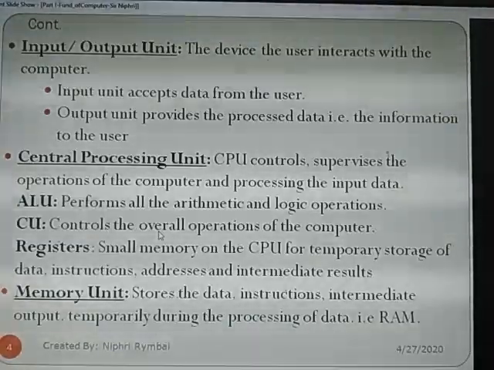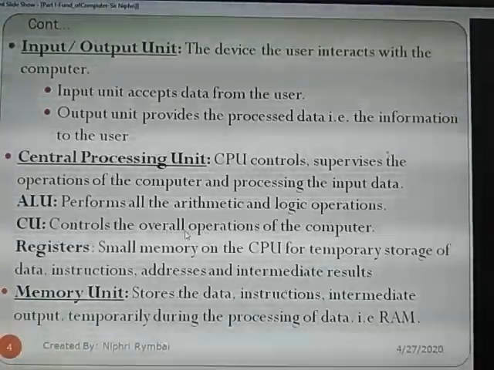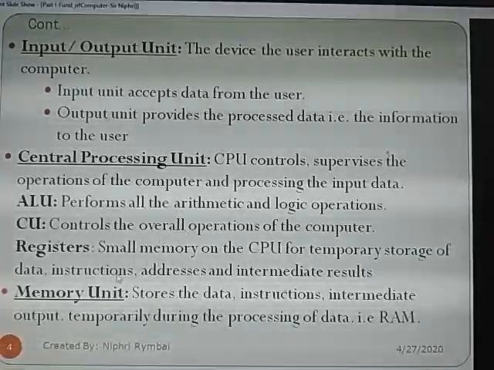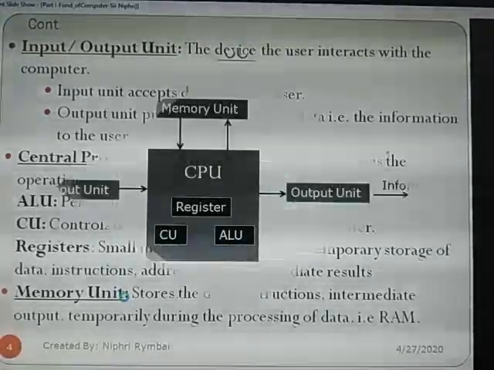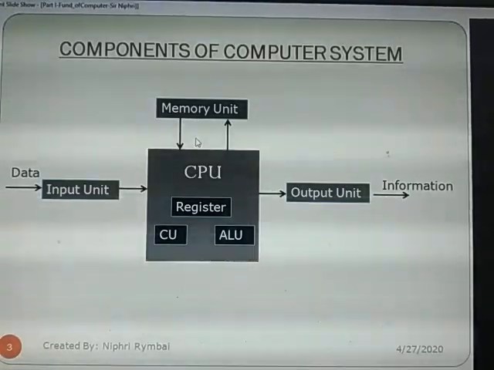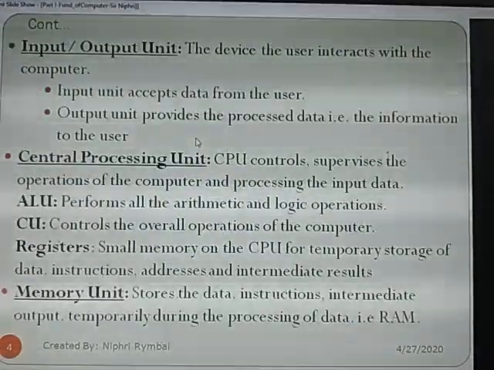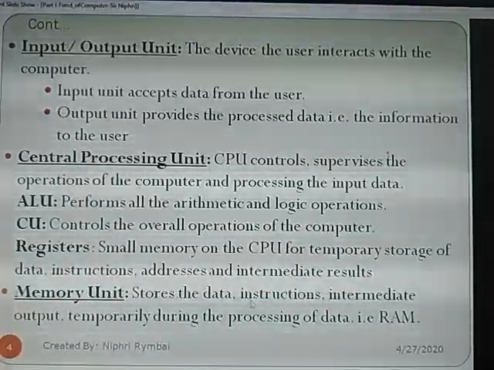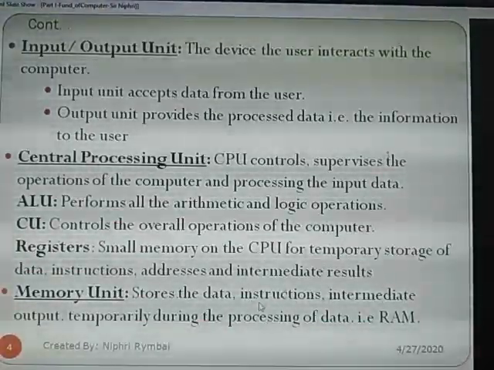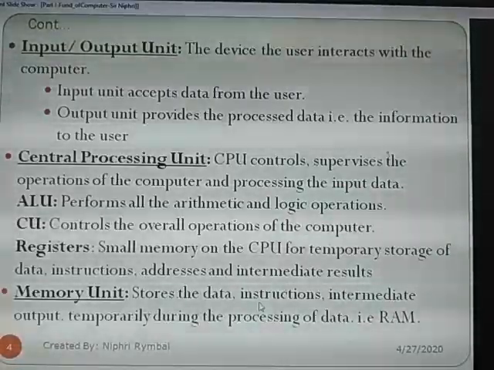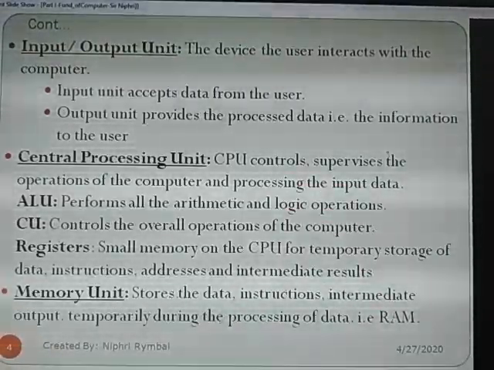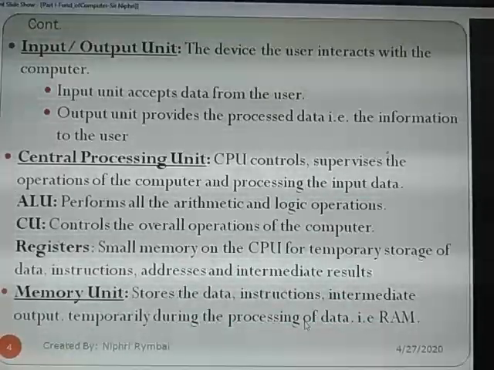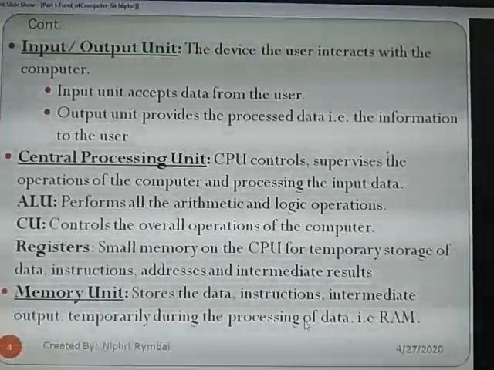The control unit helps in controlling the overall functioning of the computer, while the memory unit, which we have discussed in the diagram, also called RAM, is the memory which helps to store data temporarily while the computer is still processing the calculation or doing its work.